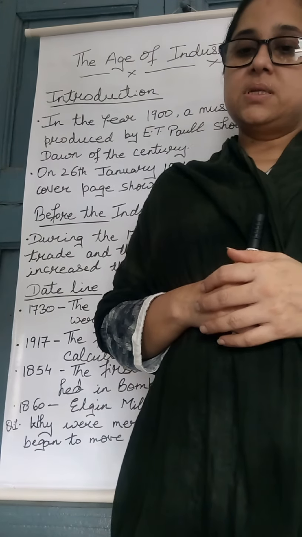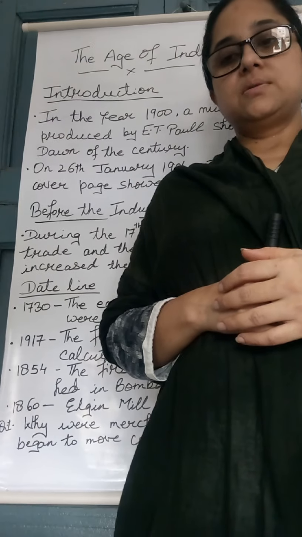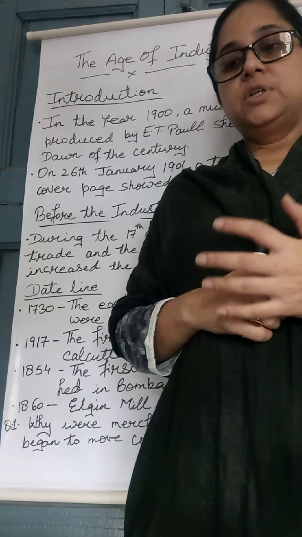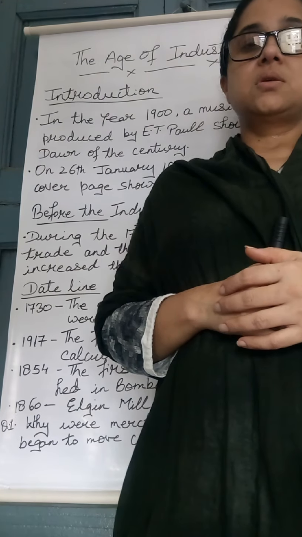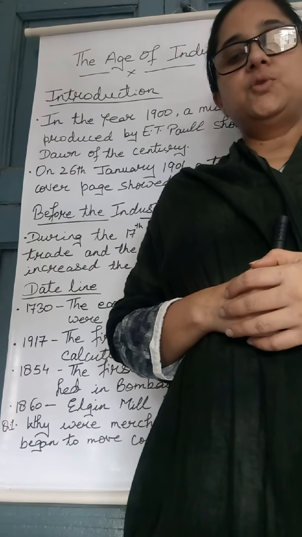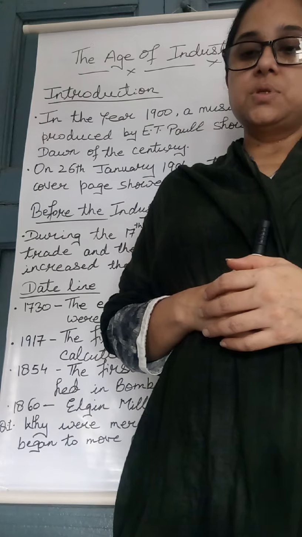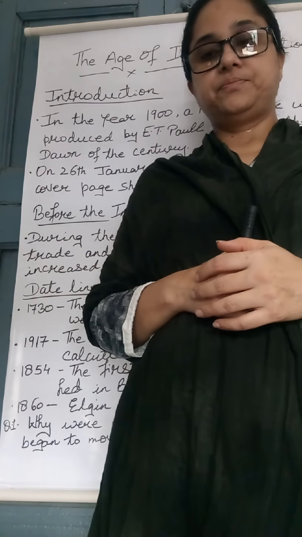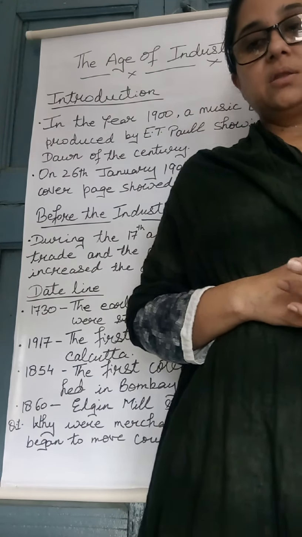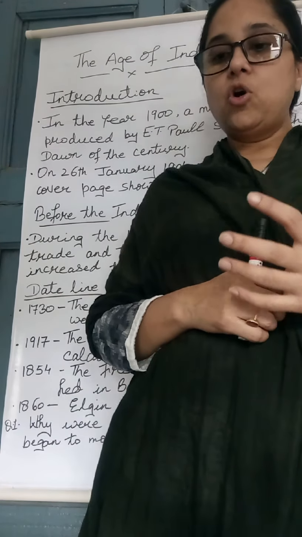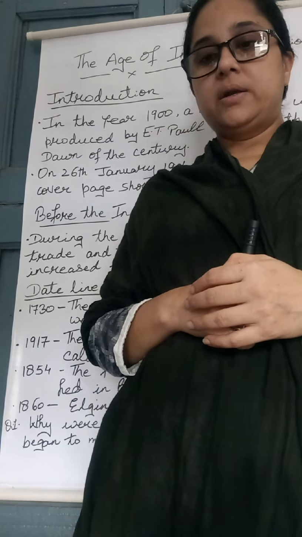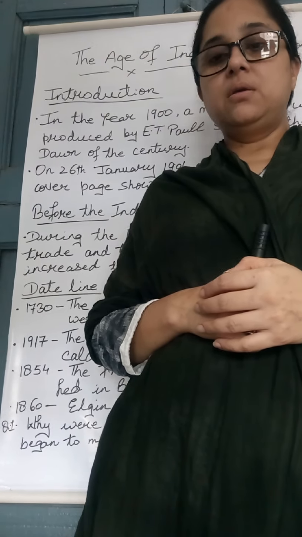The poor peasants and artisans eagerly agreed to take the advance offered by the merchants and were willing to produce goods for them. During this time, in the countryside, the open fields were disappearing and commons were being enclosed.